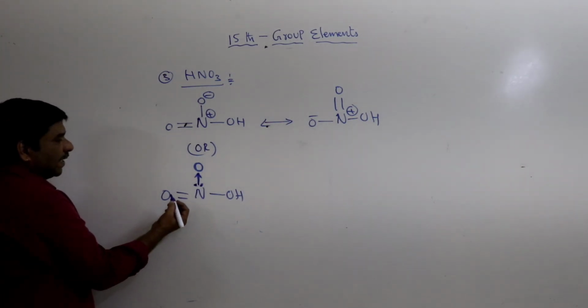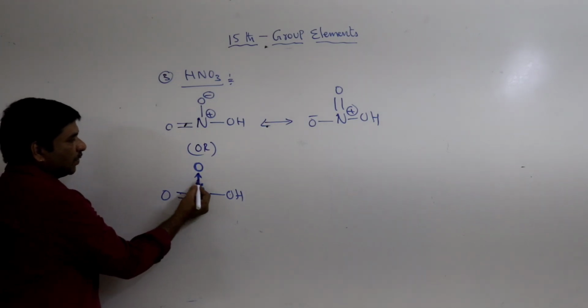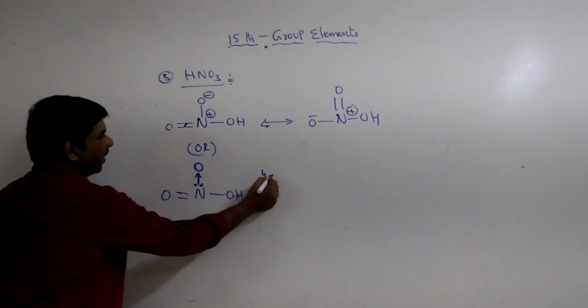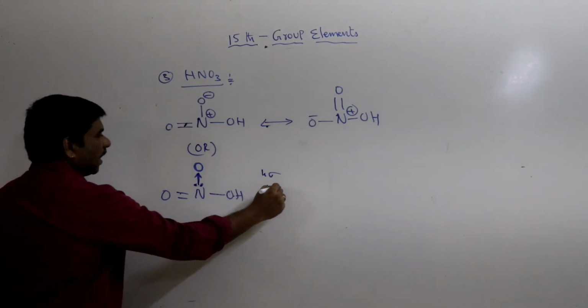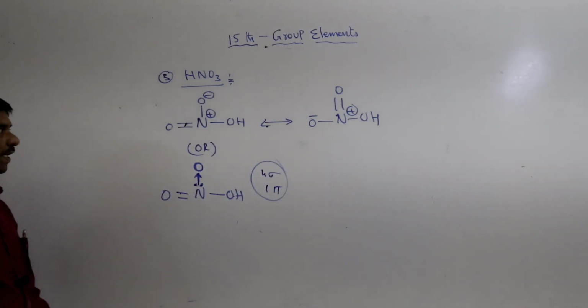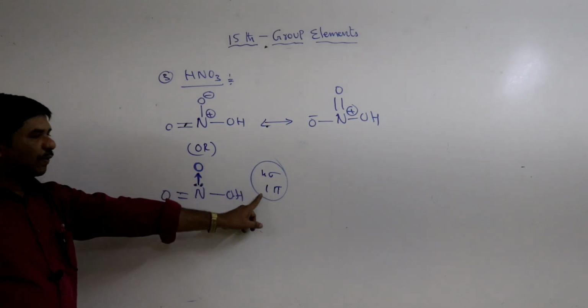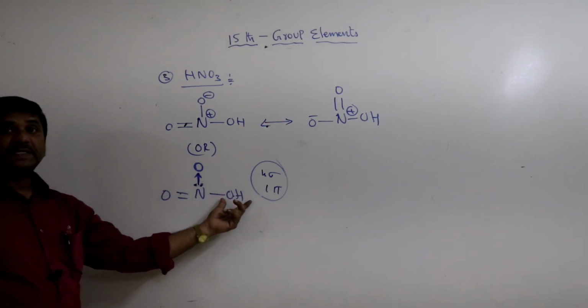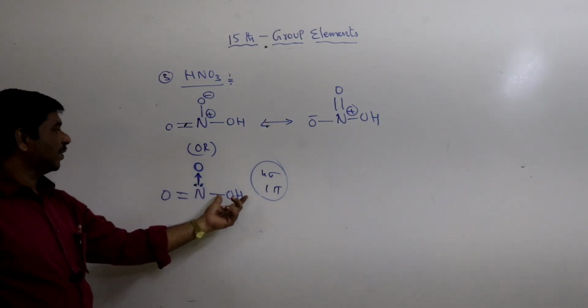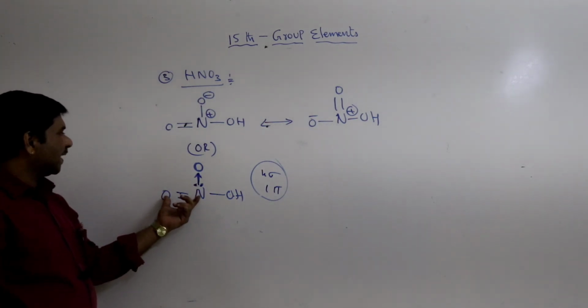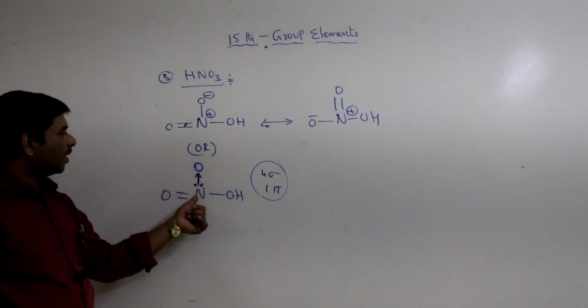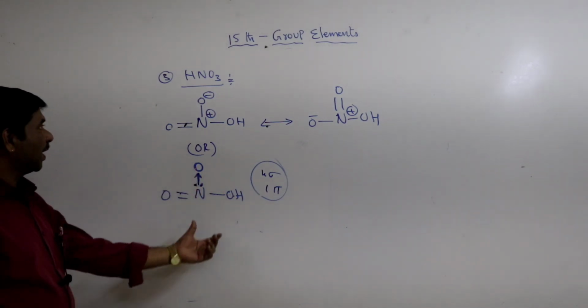In that condition, it has 1, 2, 3, 4 sigma bonds and 1 pi bond possible. Acid basicity means the OH number, which is only 1. Possible bonds: N double bond O, NO bond and NOH bond.